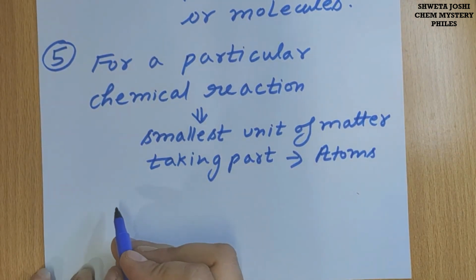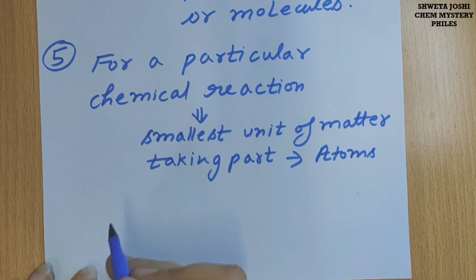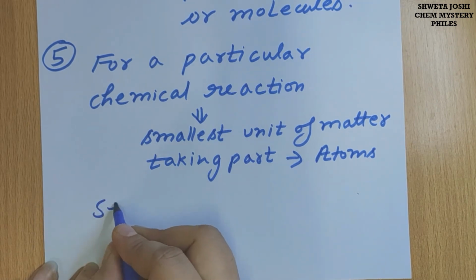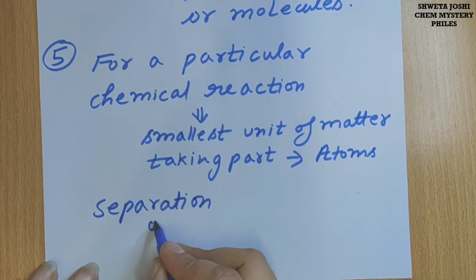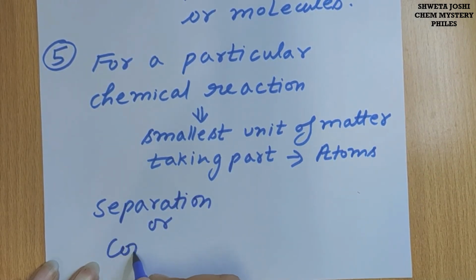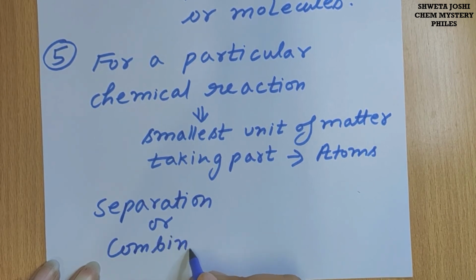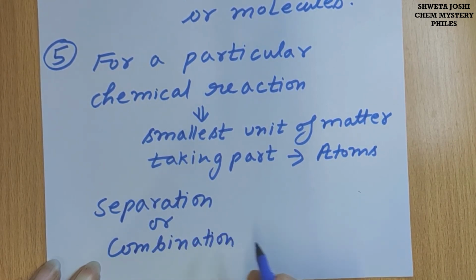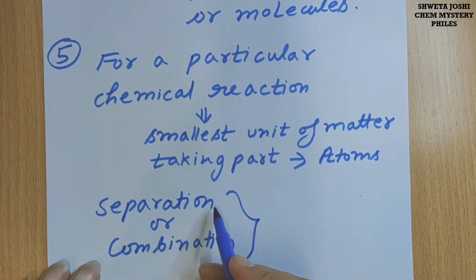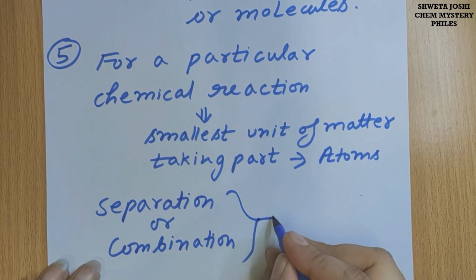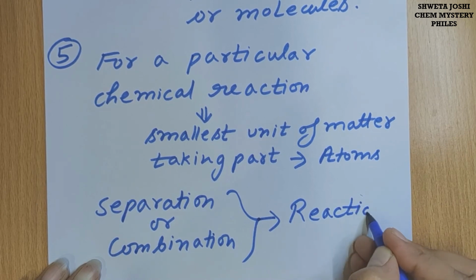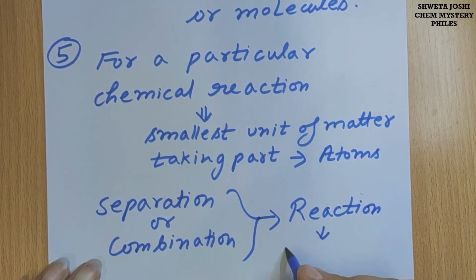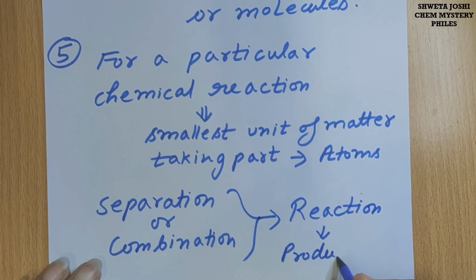And the products formed in the reaction are the result of either separation of atoms or combination of atoms. So, separation and combination process of atoms result in a particular reaction, and thus formation of products.